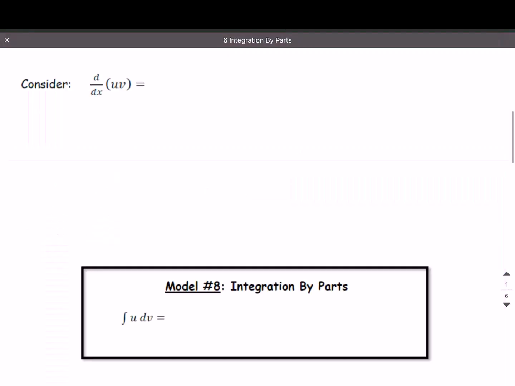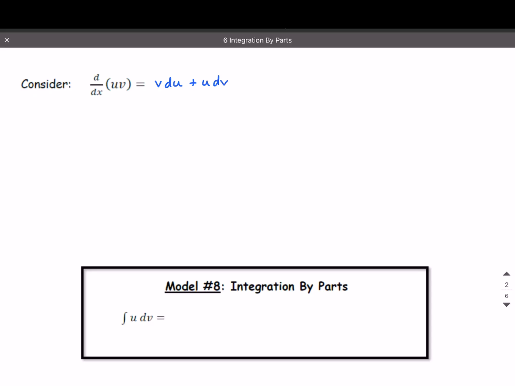Yay! Let's start by looking at the derivative of a product. The derivative of a product would be: we keep the second part, take the derivative of the first, plus keep the first and the derivative of the second part. I'm just writing du to mean the derivative of u.